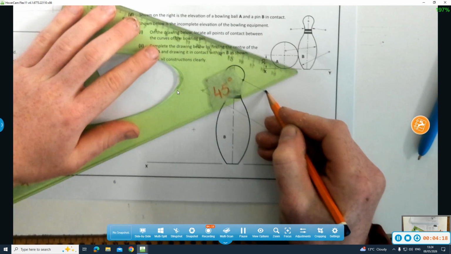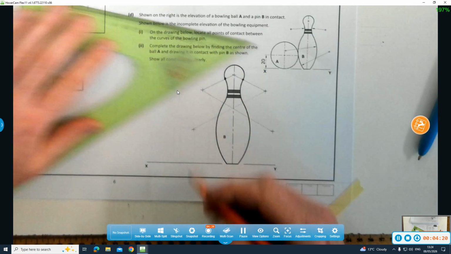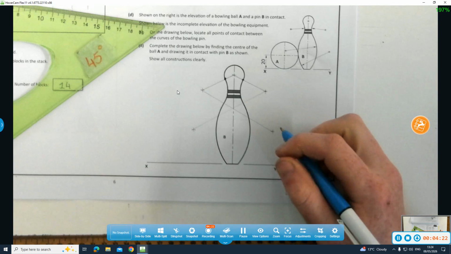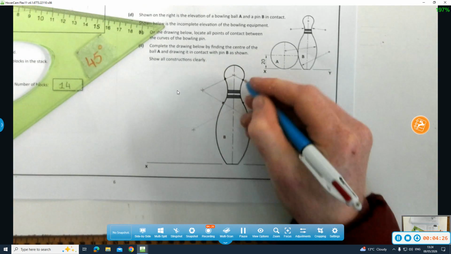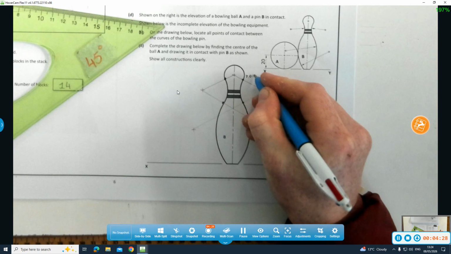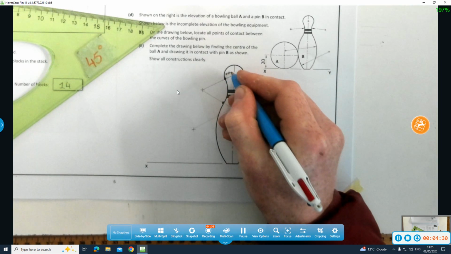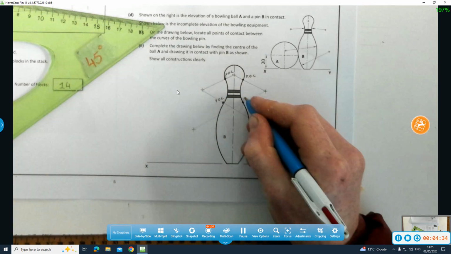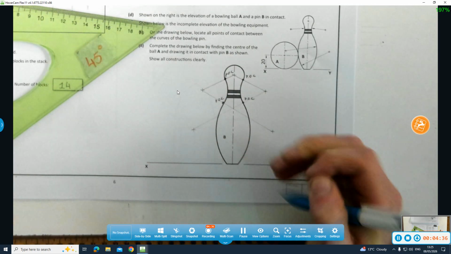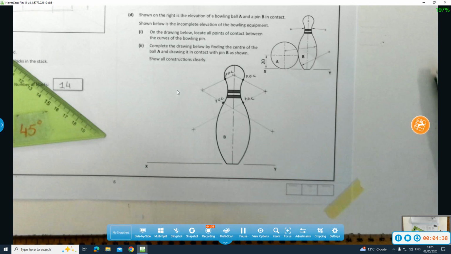And we're doing the same on the other side. That's our point of contact, that's our point of contact. So that's our points of contact found.